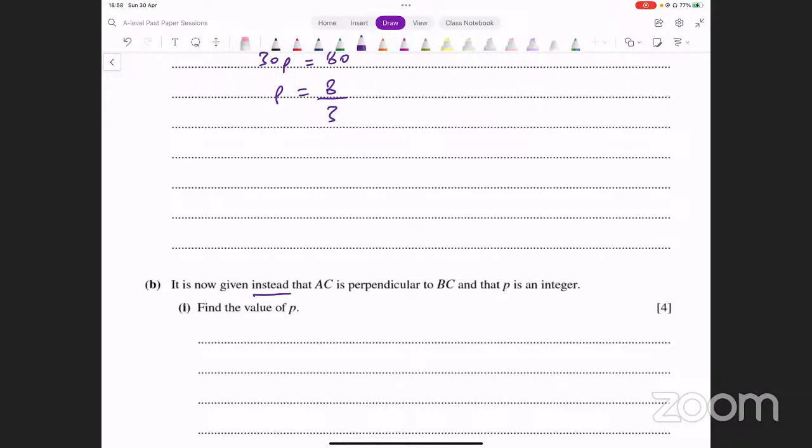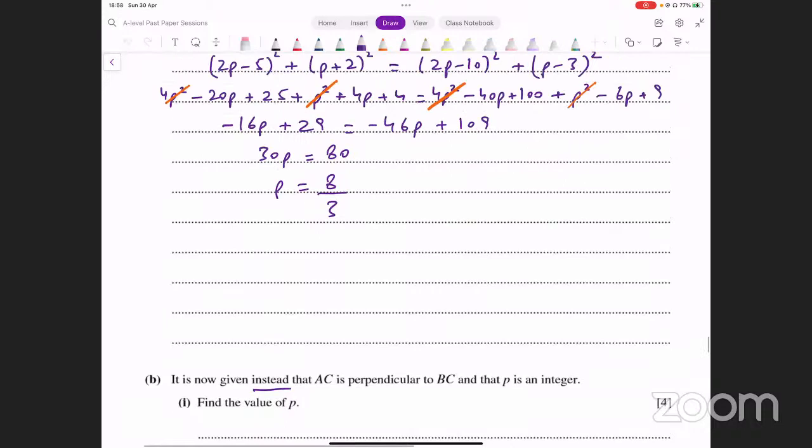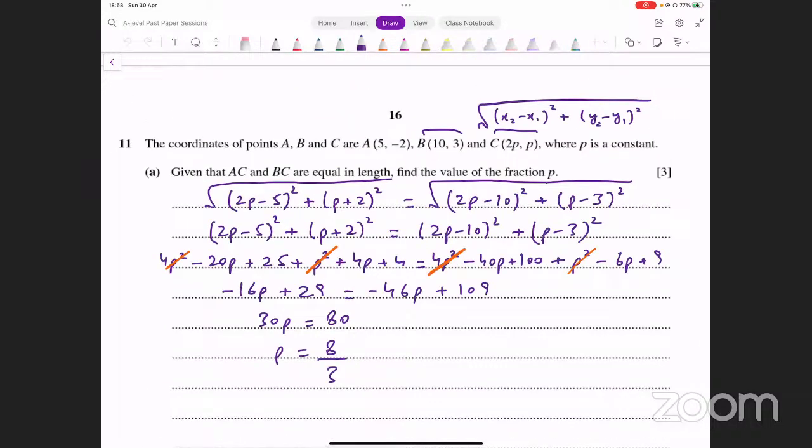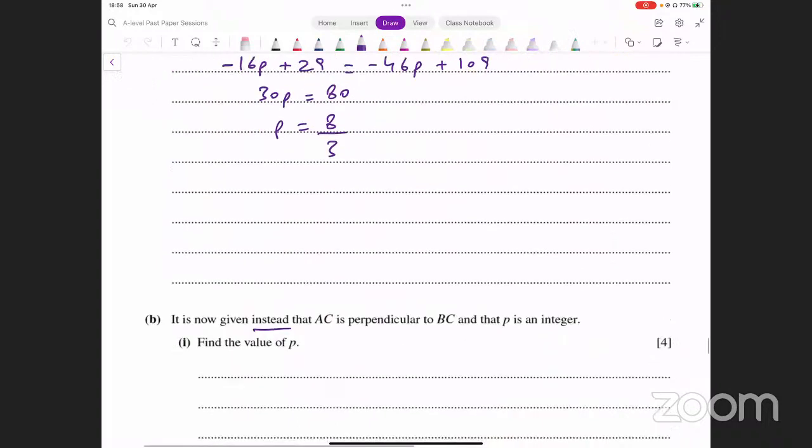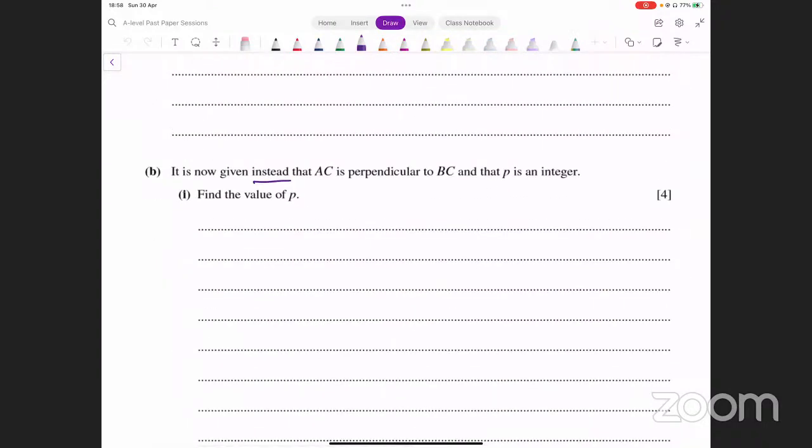It's now given instead, which means what you had given in the previous part is no longer relevant, right? AB and AC and BC are not equal anymore. आपने वो information नहीं use करनी है. They're not equal. उसने कहा AC is perpendicular to BC and that P is an integer.